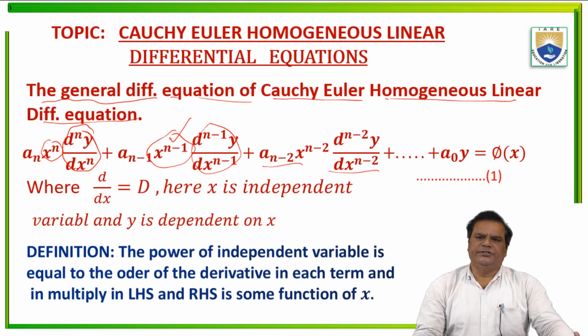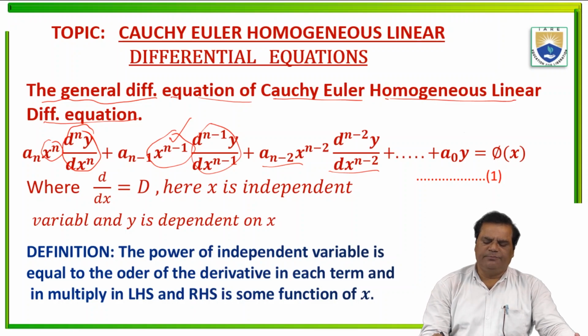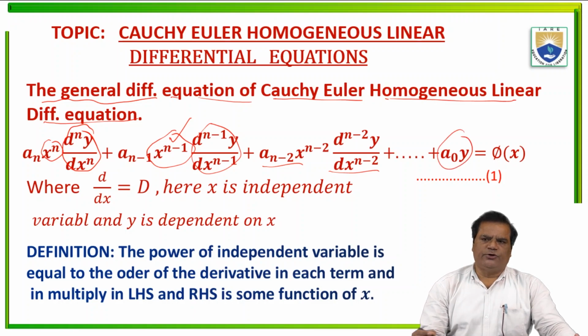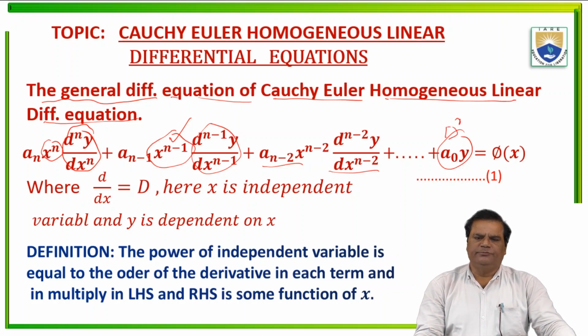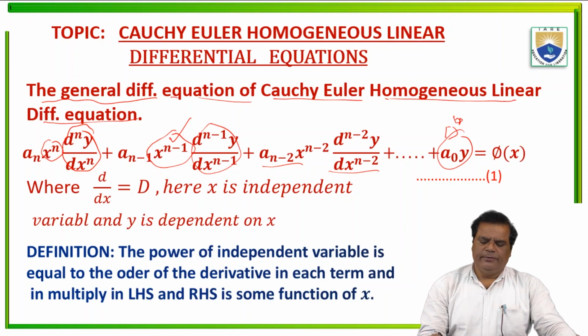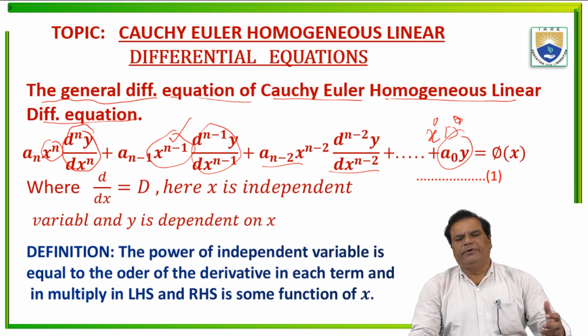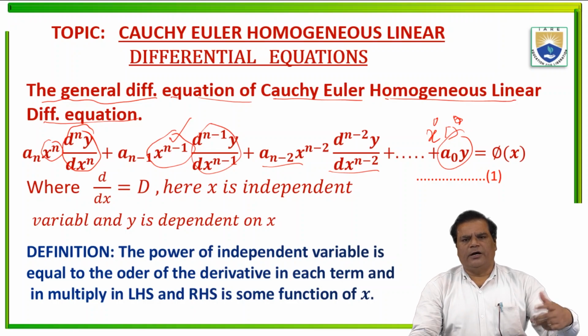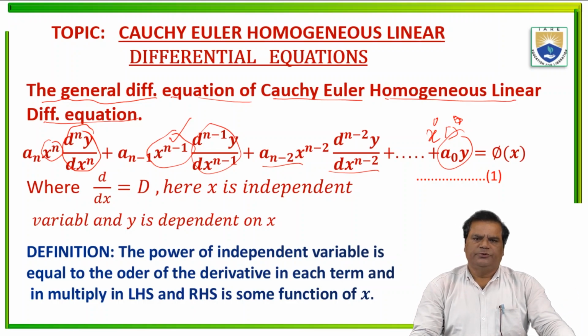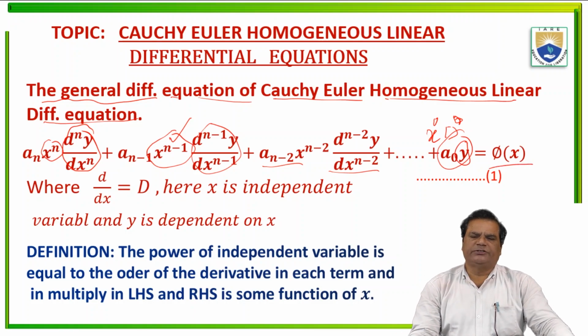In the last term, a naught is a constant and the derivative is of order 0, so it is multiplied by x to the power 0. The power of the independent variable is 0, the order of derivative is also 0, so there is only the function y. On the right-hand side is some function of x, say phi x.